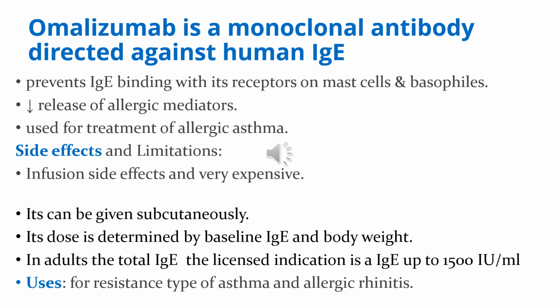Its dose is determined by baseline IgE and body weight. In adults, the licensed indication is total IgE up to 1,500. Uses: resistant types of asthma and allergic rhinitis.